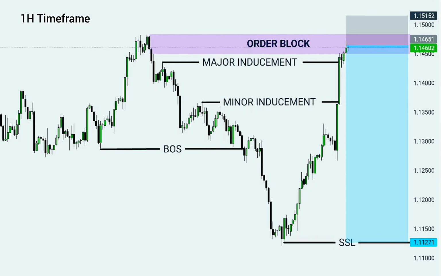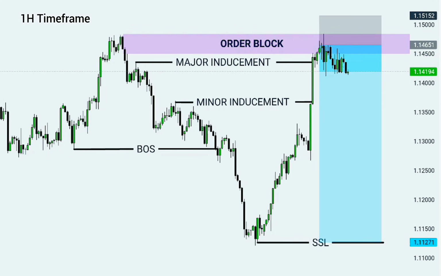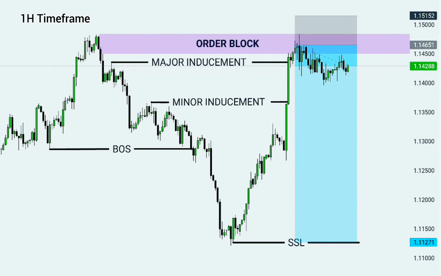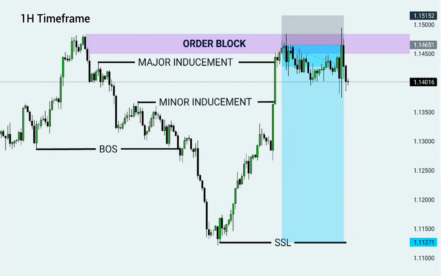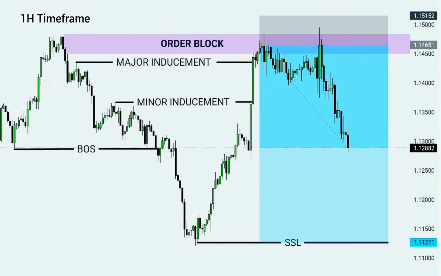The key confirmation arrives with a valid break of structure, where price closes below the last protected low. This structural shift tells us that bullish control has been invalidated and that bearish intent is now active. After the break, price often retraces back toward a lower timeframe supply area or imbalance within the newly formed bearish structure.